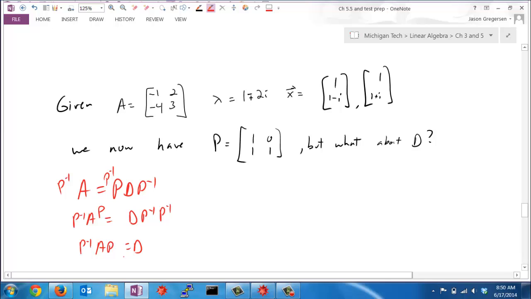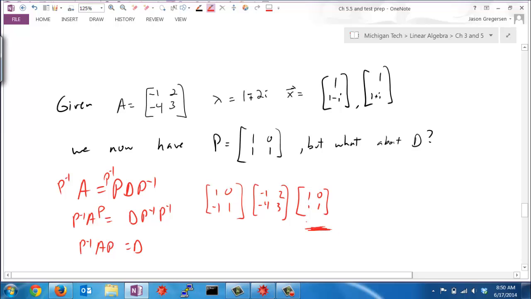So I'm going to see what D has to look like. I'm going to take the P matrix. I'm going to take this matrix and P inverse. Actually, P inverse is kind of easy to generate in this case. It's just this thing. I can go through the formula, but I know what this vector does as a row operation, so I can just reverse the row operation.